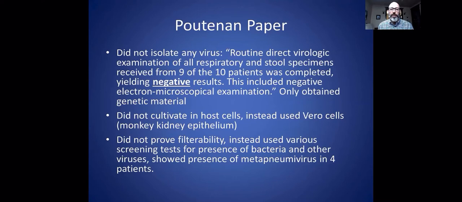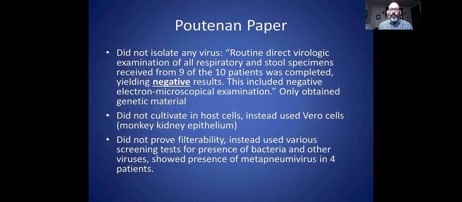As I described, they did obtain genetic material, as they do in almost all these studies. The second step, they did not cultivate any fluid or particles in host cells. Instead, they used monkey vero cells, which, as I described, introduces exosomes. And they did not prove filterability.